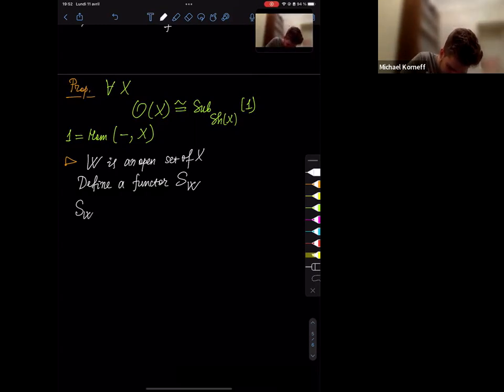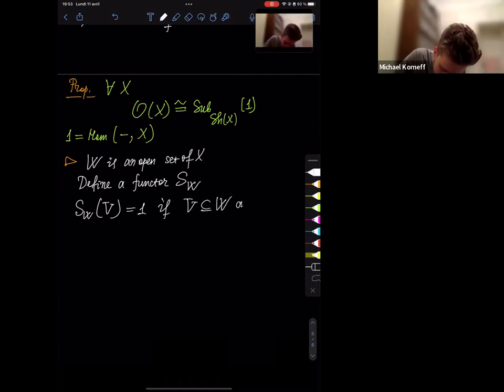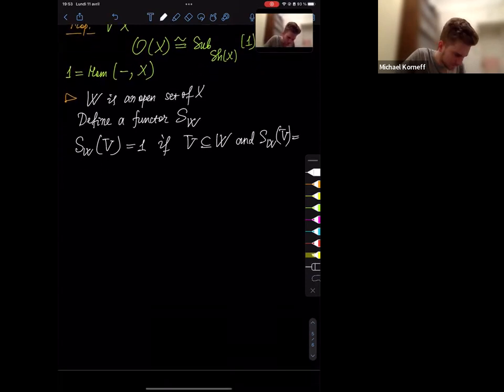If we take this functor S_W of V, where V is some open subset of X, we say that S_W of V equals 1 if V is a subset of W, and otherwise it equals the empty set.